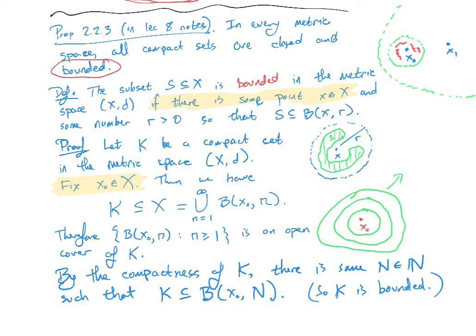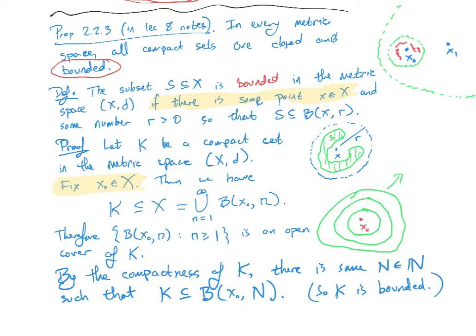Because all the points not equal to your point are just going to be distance one away. So they're all in a ball of radius 2, a ball centered anywhere of radius 2.